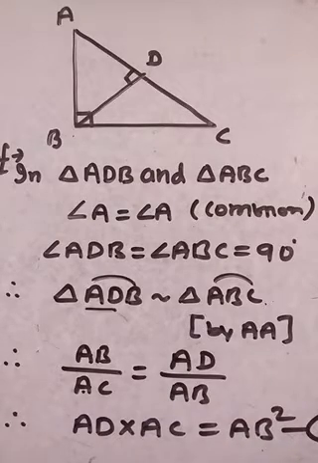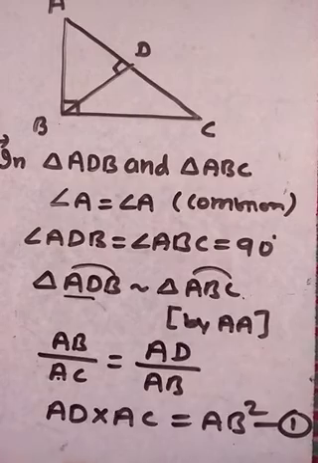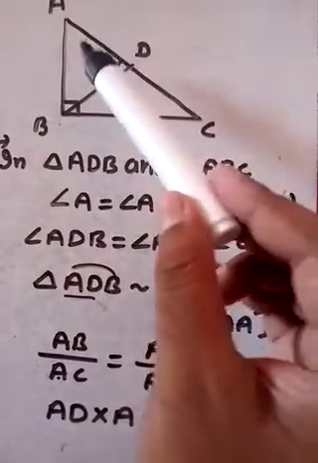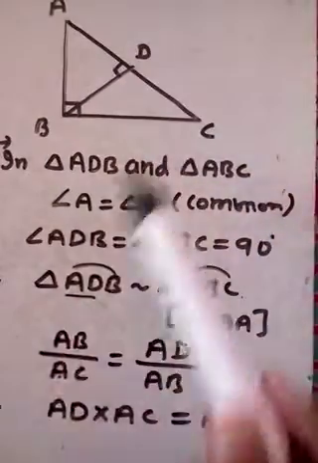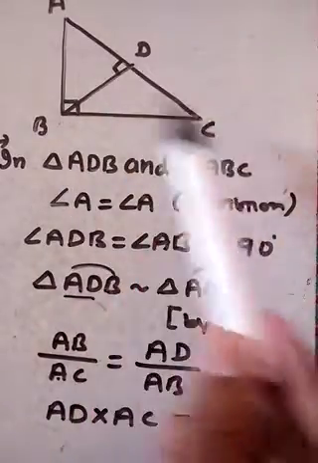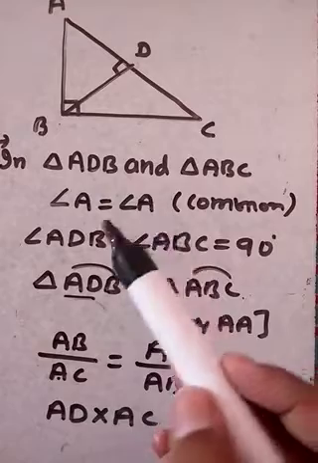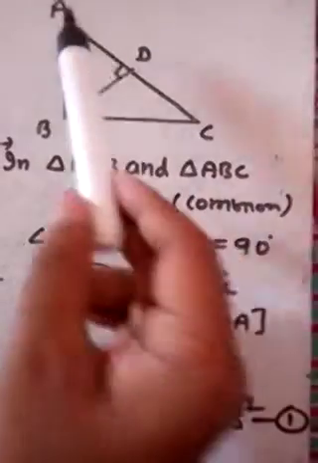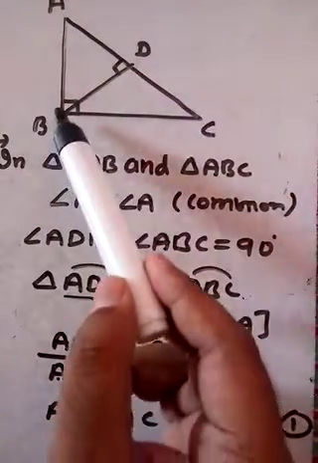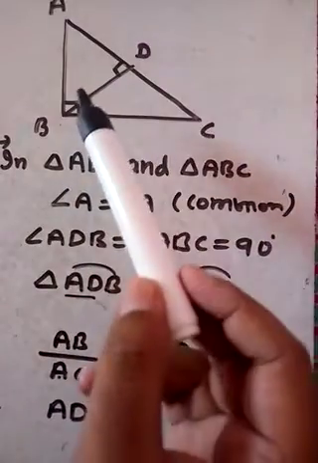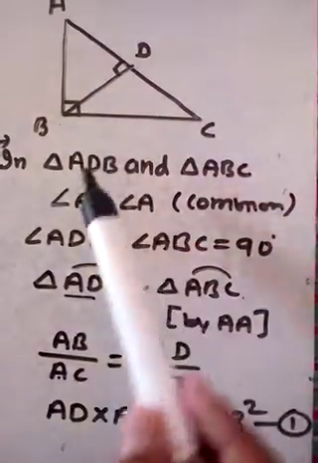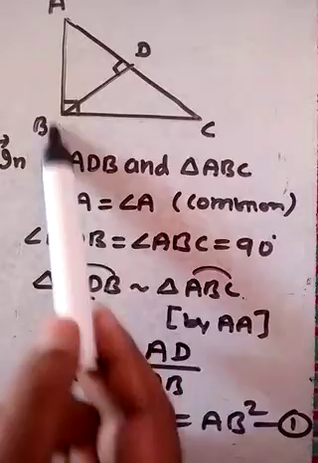Equation first. See again, at first we go in triangle ADB and ABC and then in triangle BDC and ABC. Means for proving Pythagoras theorem, first you draw a triangle ABC and then BD perpendicular to AC, and now you have 3 triangles, 2 small and 1 whole.